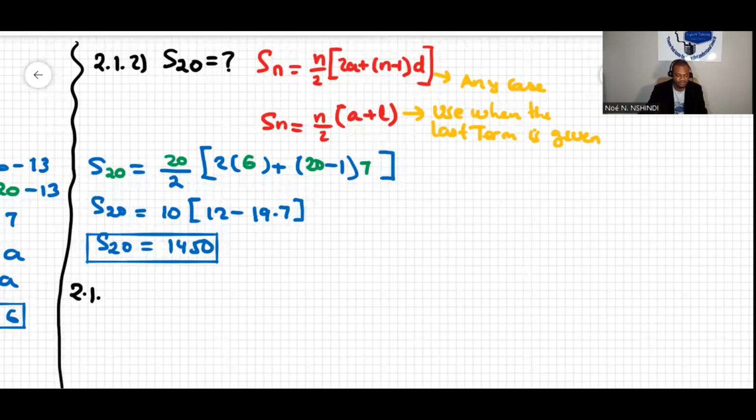We want to write the series of 2.1.2 in sigma notation. Sigma notation is this notation. It is given by sigma, and then in the brackets we put Tn, and then n starting from 1 to n.